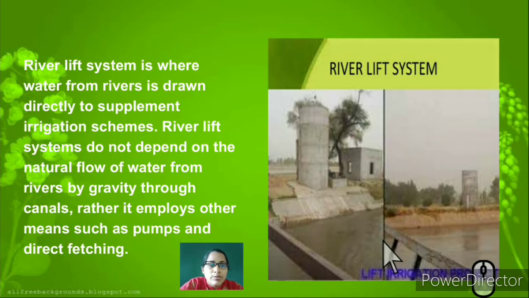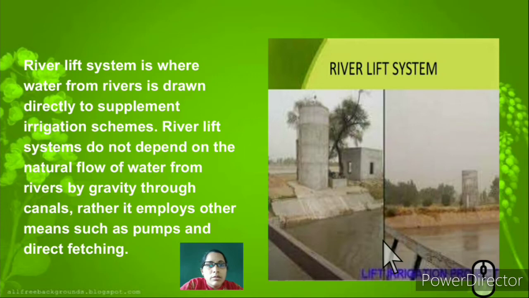The next process is the river lift system. What do we mean by lift? To bring it above. Here water from rivers is drawn directly and sent to the irrigation schemes.